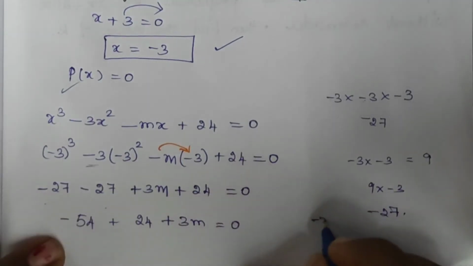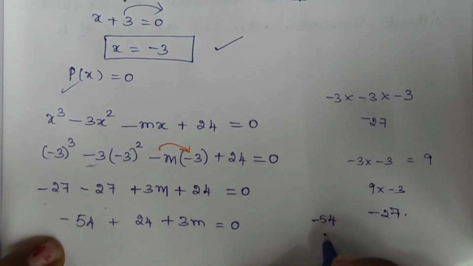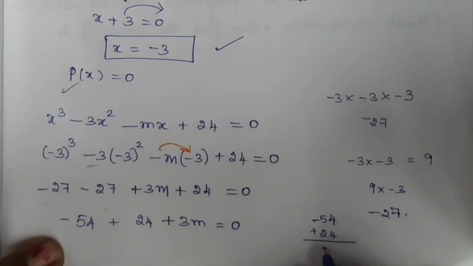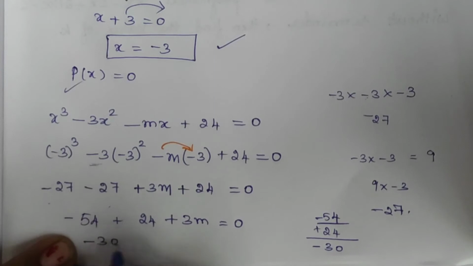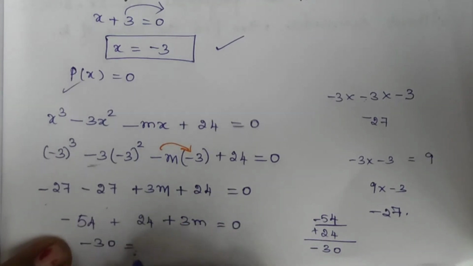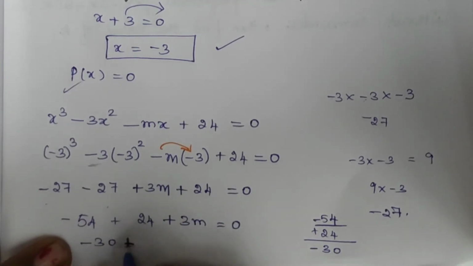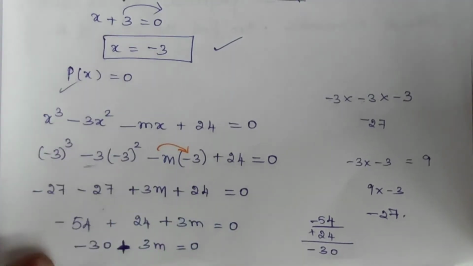Minus 54 plus 24, minus into plus minus, so when you subtract 30, the sign of the greater number is minus. So minus 30 plus 3m is equal to 0.